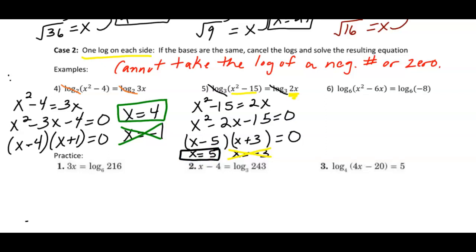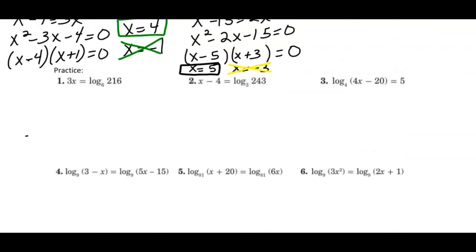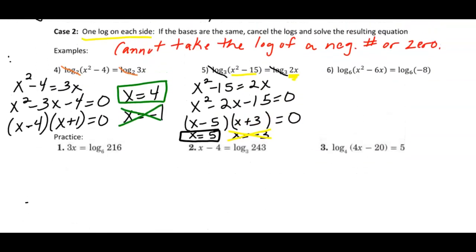Okay, try number 6. Okay, so number 6, my bases are the same.